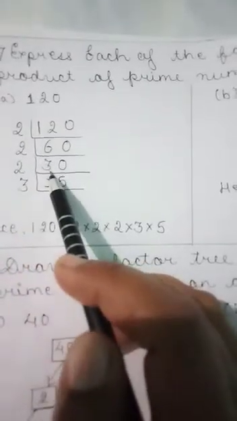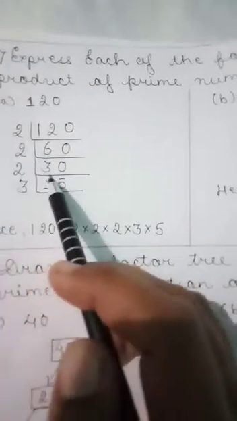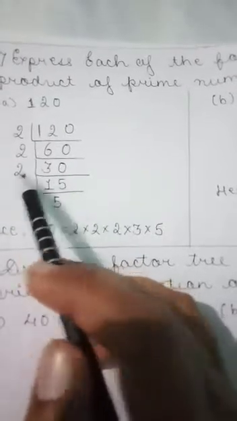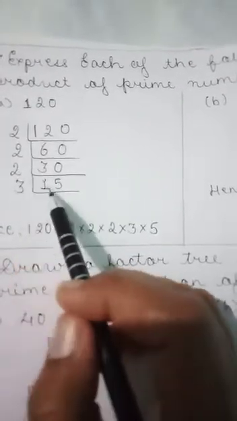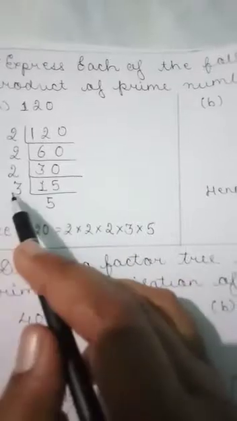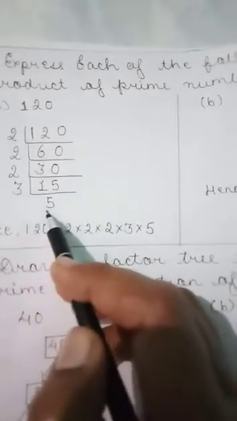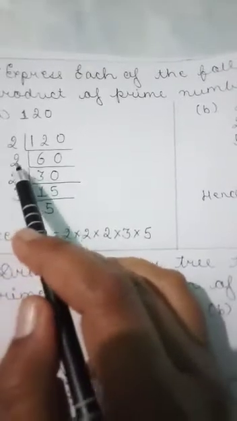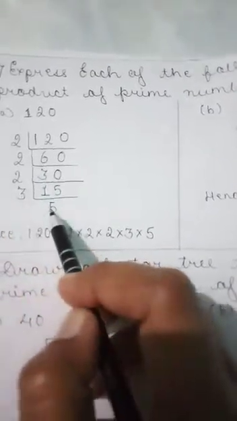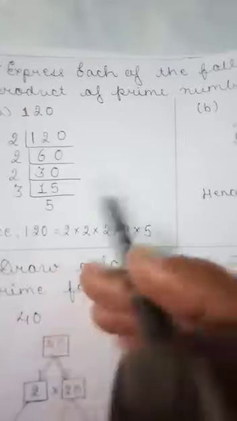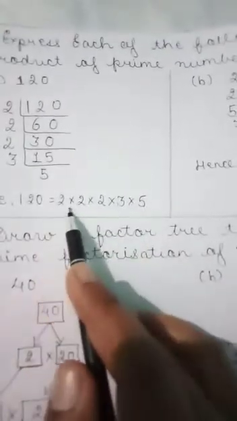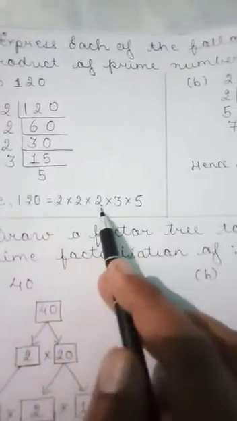Then 30 again you can break as 2 into 15. Then 3 into 5 is equal to 15. Here you get the numbers 2, 2, 2, 3 and 5. These all numbers are prime. Hence 120 can be written as 2 into 2 into 2 into 3 into 5.